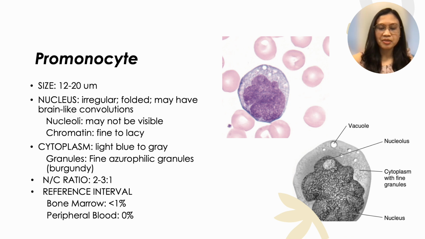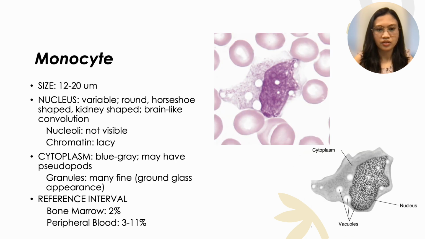The cytoplasm of the promonocyte is similar to that of the monoblast because it will still have a light blue to gray color. However, what's interesting about the promonocyte is the presence of fine azurophilic granules that have a burgundy color. Its NC ratio is 2 to 3:1, and inside the bone marrow, less than 1% of the nucleated cells is accounted for by the promonocytes.